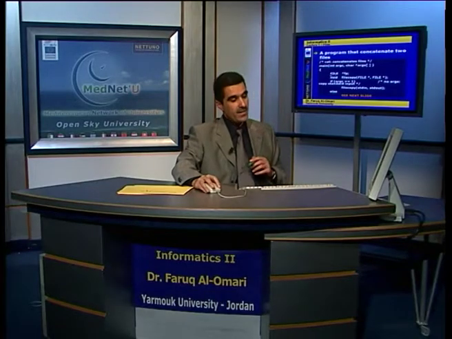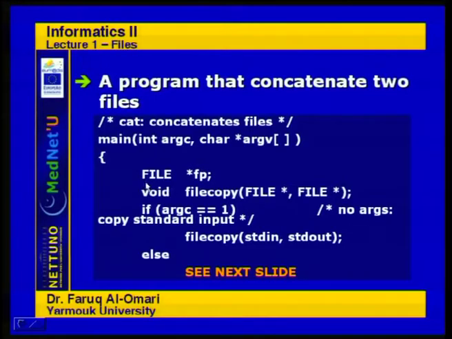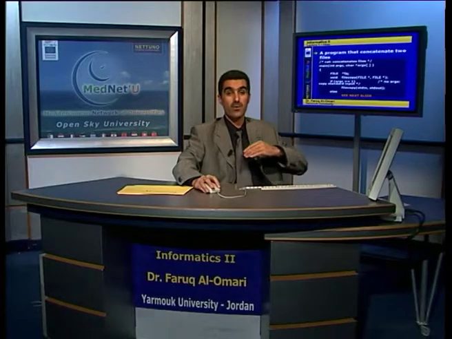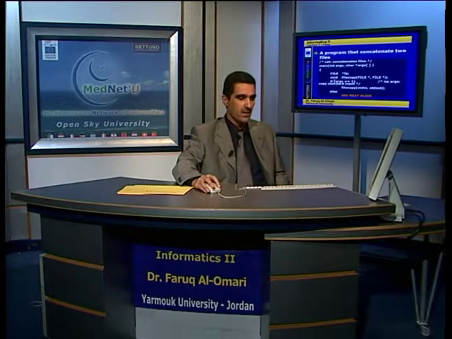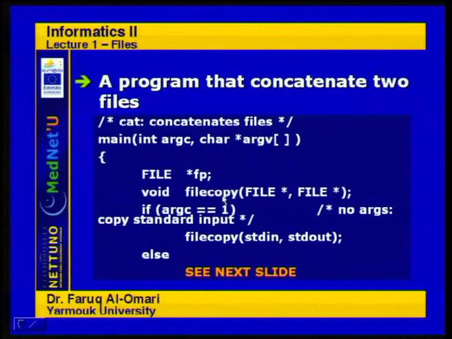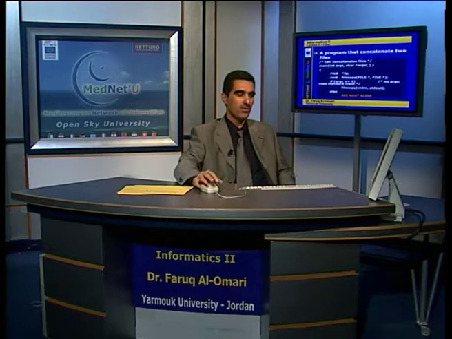First, I'm going to define a file pointer of type FILE asterisk, which means P is a pointer to a file, and that's going to point to the files I'm trying to open and concatenate. I'm going to use a function called filecopy that takes two pointers to the two files I'm trying to copy or concatenate together.